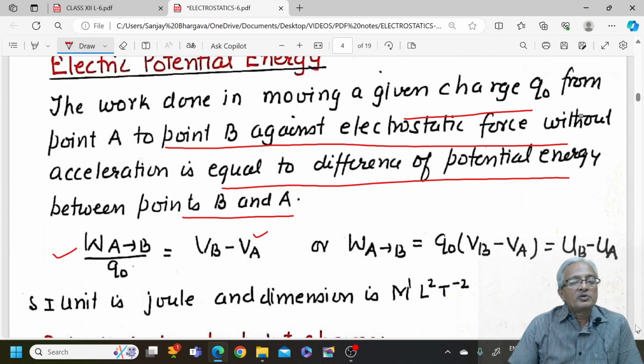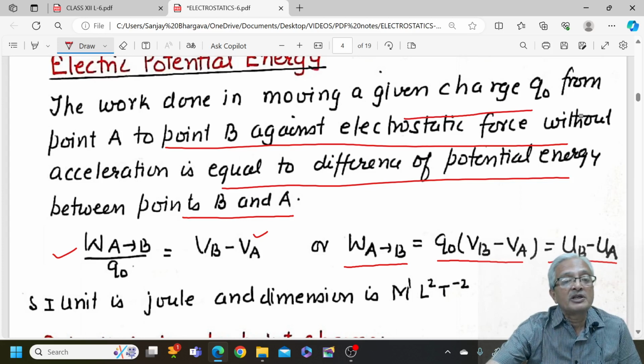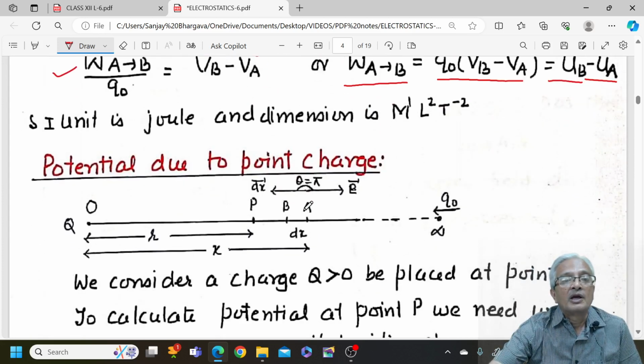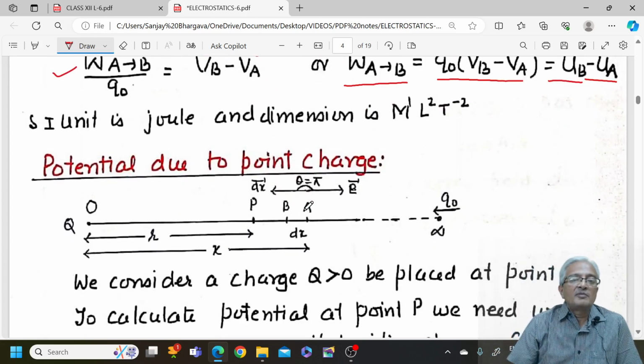So multiply by Q0 on both sides, I obtain work done in moving the charge Q0 from A to B would be equal to Q0 into VB minus VA, which is nothing but potential energy at B minus potential energy at A. So what is the SI unit for potential energy? It would be joule. And what are the dimensions? They have the same dimension as that of work, M1 L2 T power minus 2.